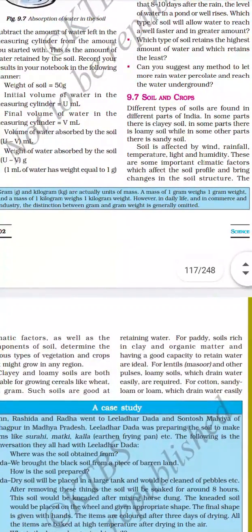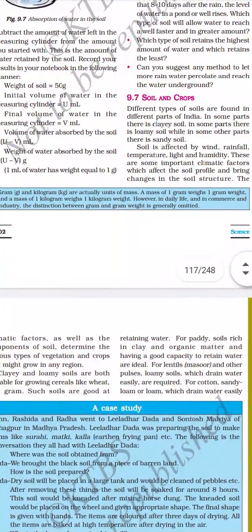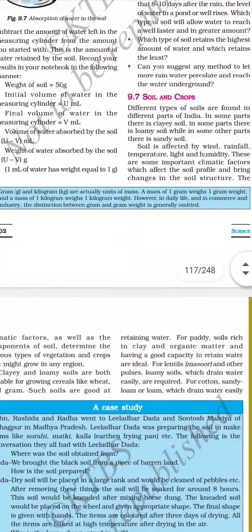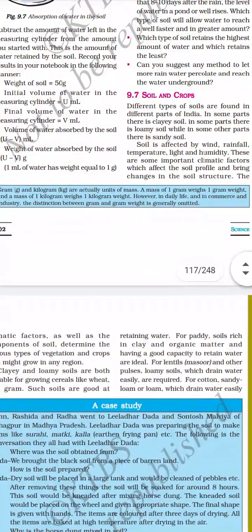For lentils and other pulses, loamy soils which drain water easily are required.